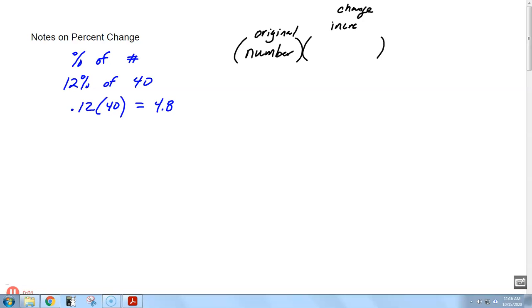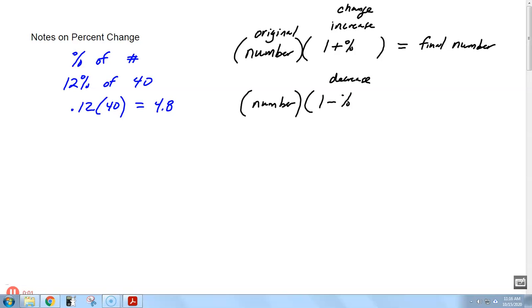If it's an increase, it's 1 plus the percentage, and that will give us our final number, or our result. If it's a decrease, handled very similarly, you start off with your number and go 1 minus the percent, and then we get our final answer.